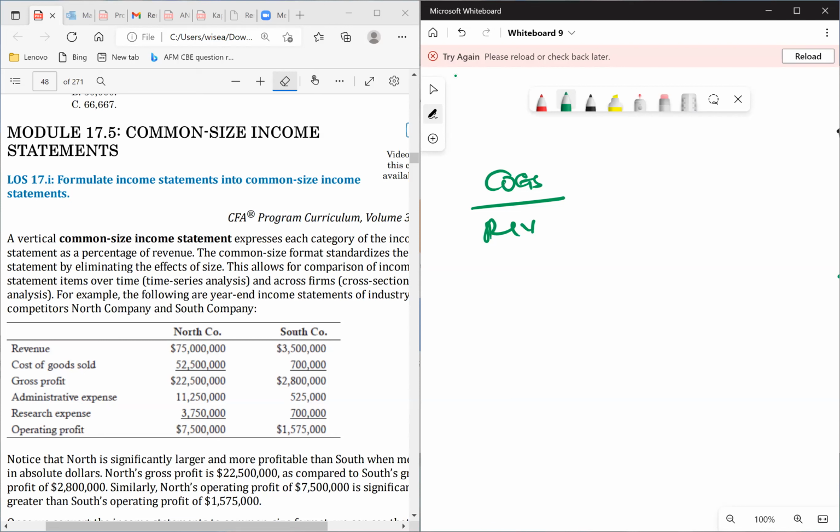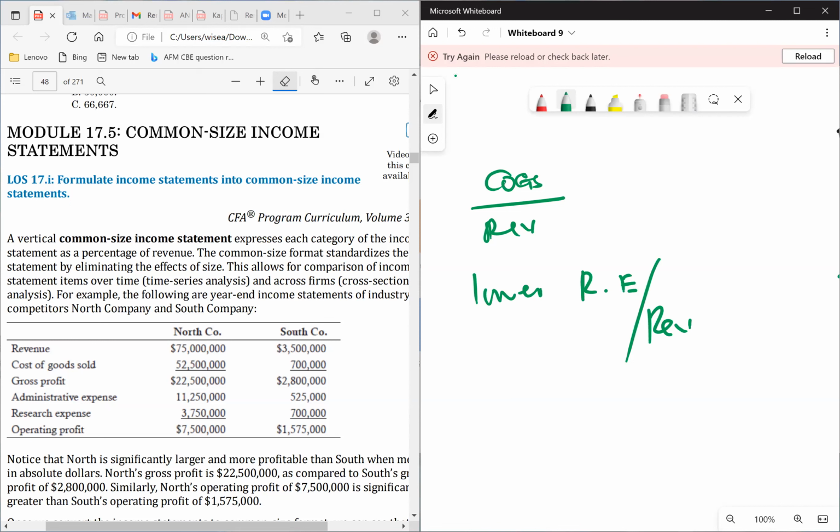Research enough. And that may explain the increase in the cost of goods. So there is linkage in the ratios. If you have a lower research expense as a percentage of revenue compared to another company, it means your investment in research is less.